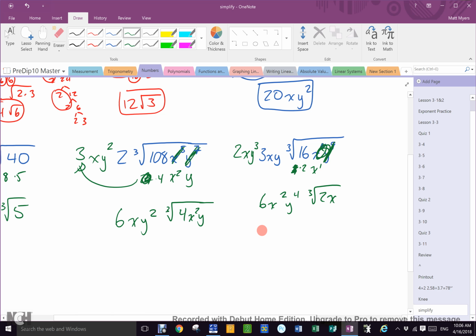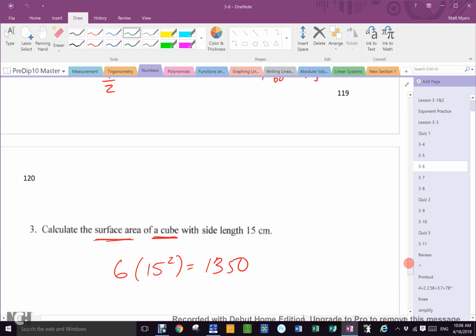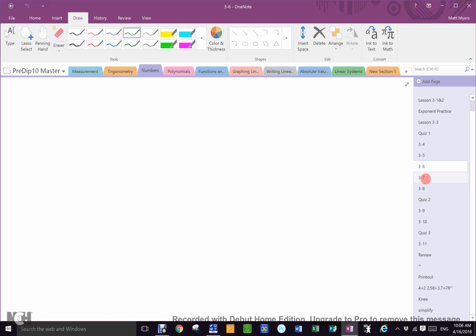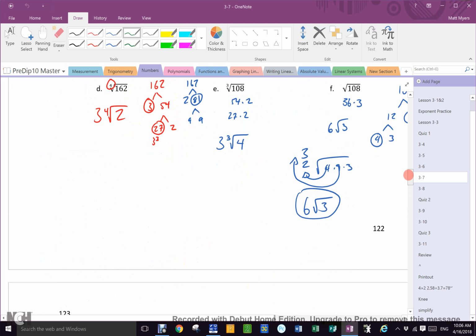Yes. Can everybody simplify a radical with a coefficient and variables? Yes. Excellent. All right.